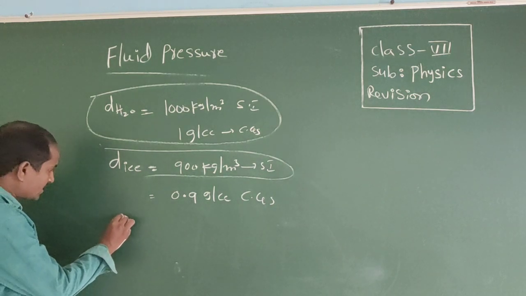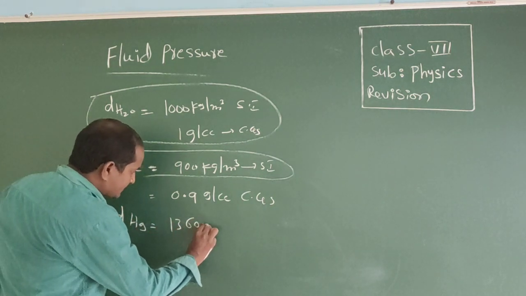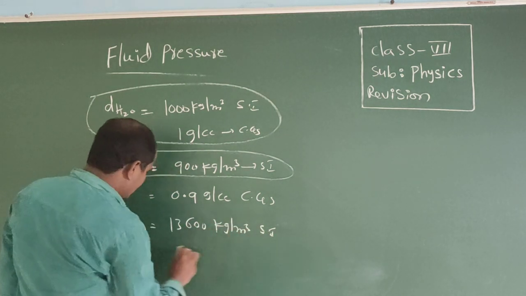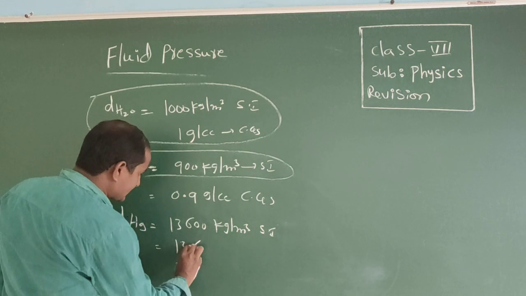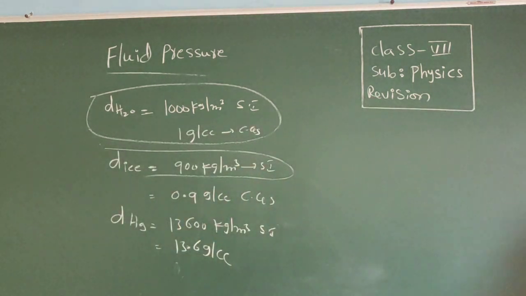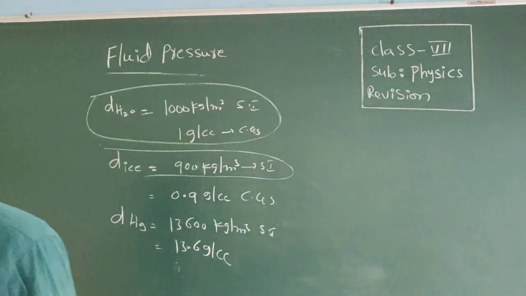Next, density of mercury equals 13600 kg per meter cube in SI, that equals 13.6 gram per cc.